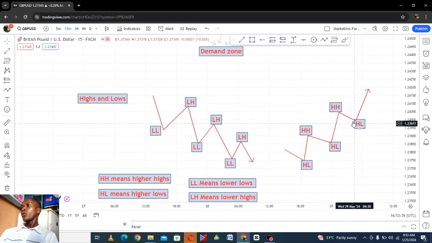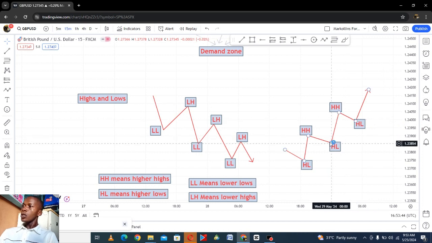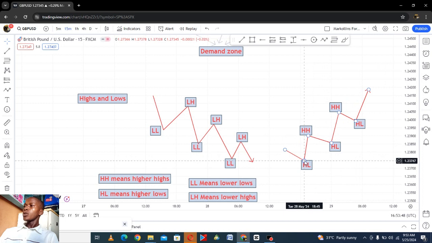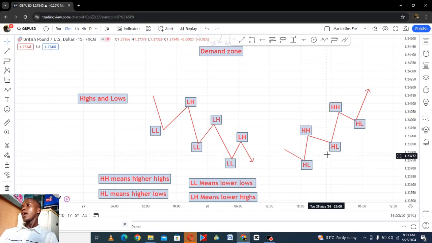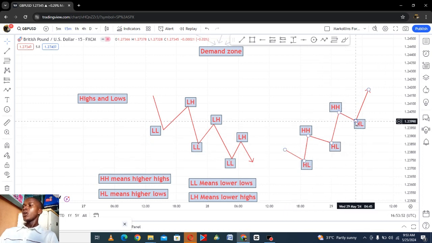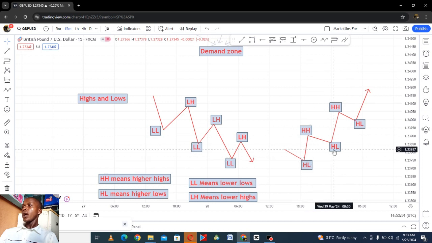Then this low is higher than this low, so that's why it's called higher low. When you see higher high, higher low, higher low, know that the market is in uptrend.